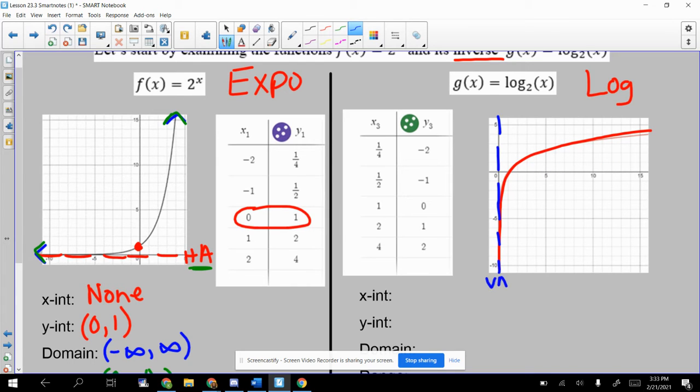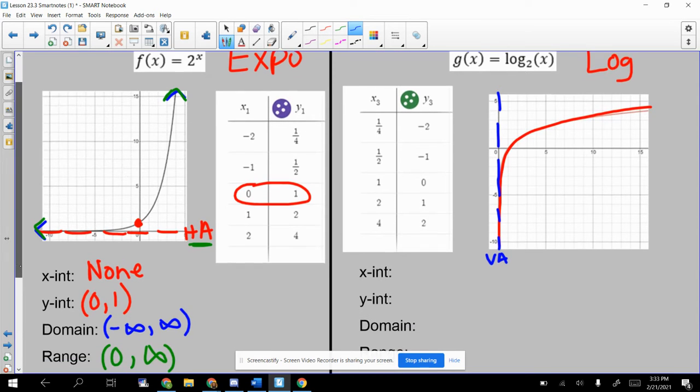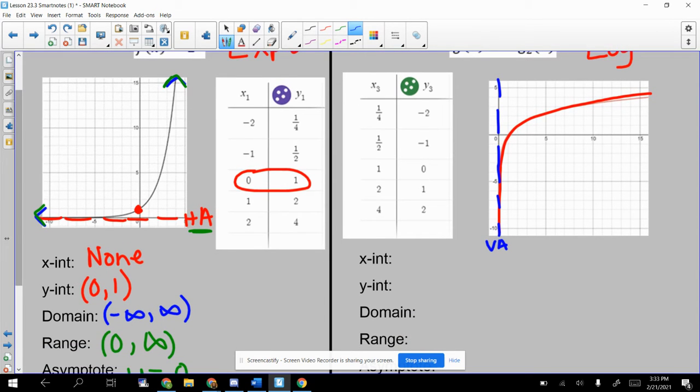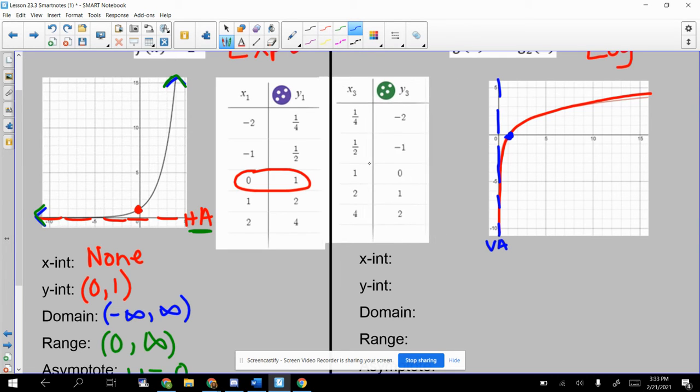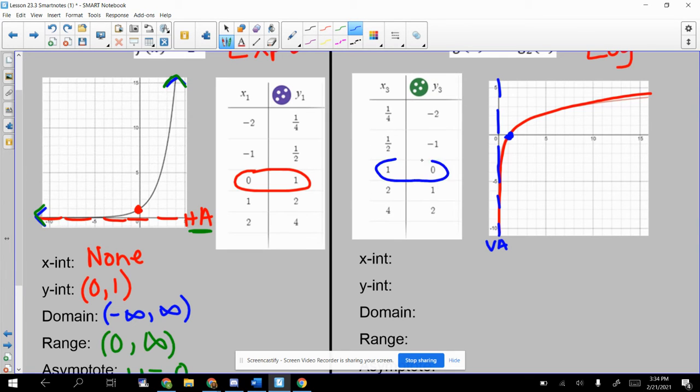So we're going to call that a VA, vertical asymptote. Now we also have an x-intercept, and that is at 1, 0. But because our vertical asymptote is at the y-axis, we will have none for the y-intercept.